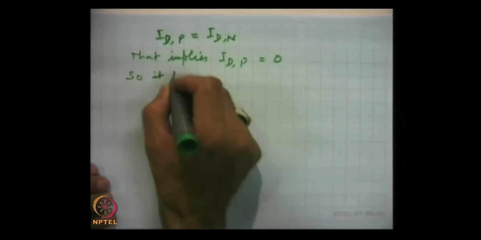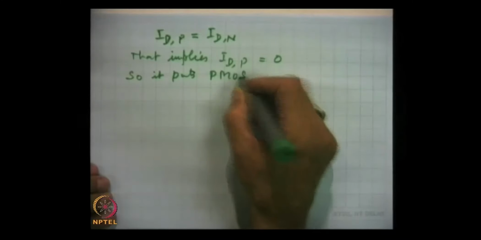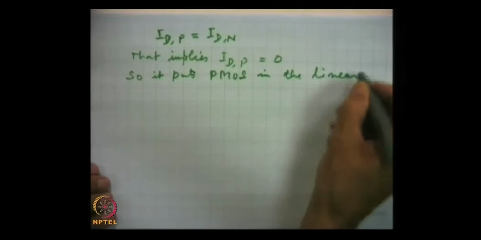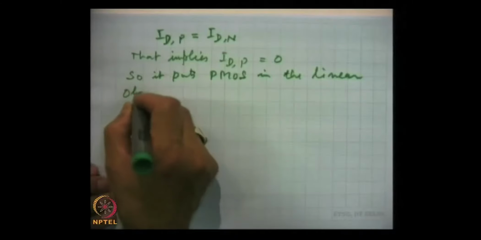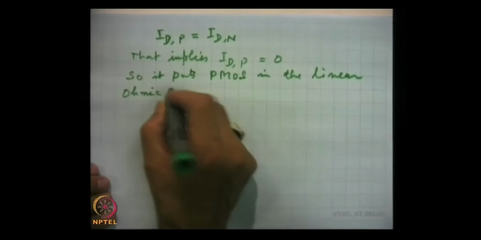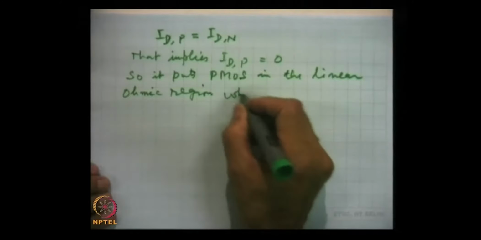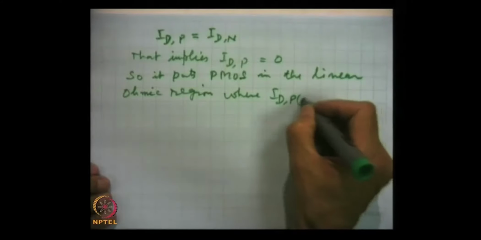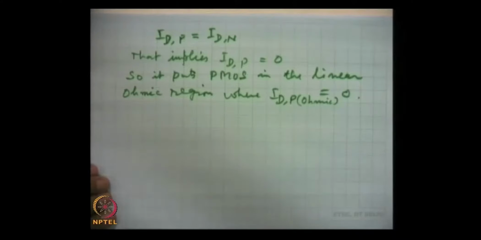So, it puts the PMOS in the linear ohmic region, where IDP ohmic is equal to 0.